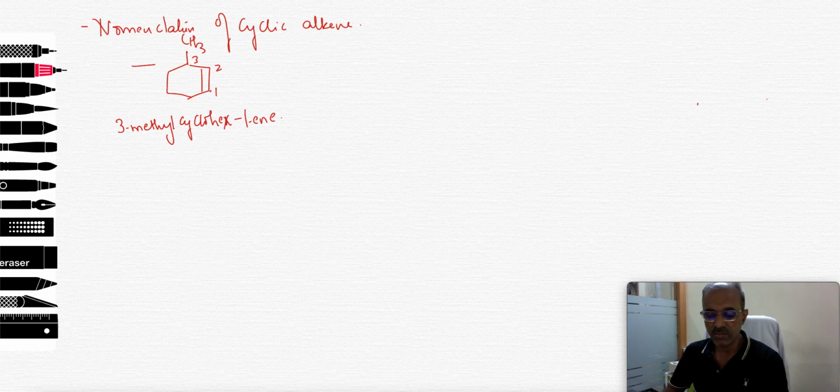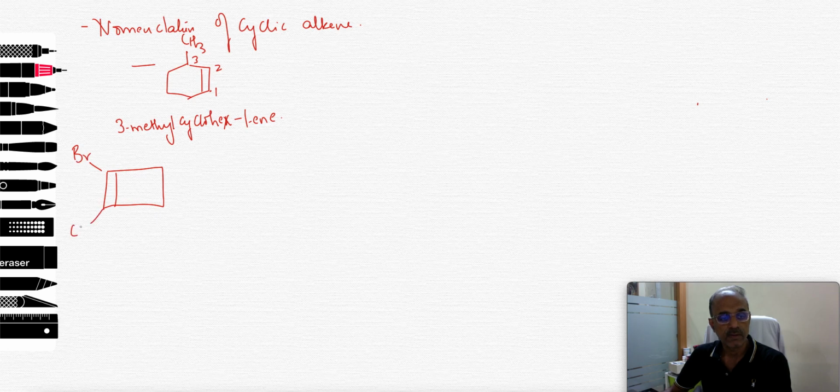Now we shall do some more couple of examples. Right. Now the numbering from here, if I do it, it will be 1, 2, 3, 4. Or if I do from here 1, 2, 3, 4. Why will I go 1 and 2? Because here there is a substituent. But from where exactly do I have to start? I'll get confused. Then I'll have to see alphabetically who comes first.